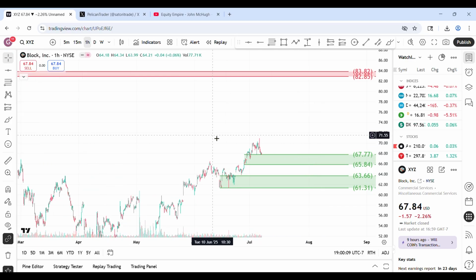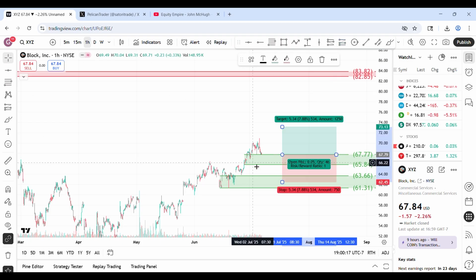So let's go look at the reward to risk potential of that trade, however. If you were to place a buy limit order at 67.77, you might get filled tomorrow morning if you were going to do that.